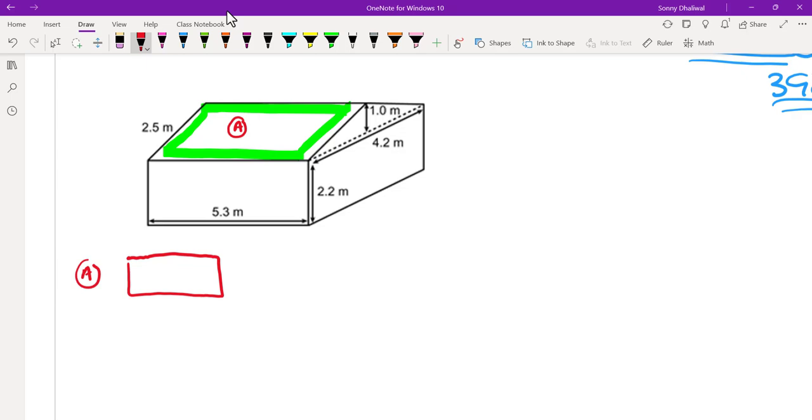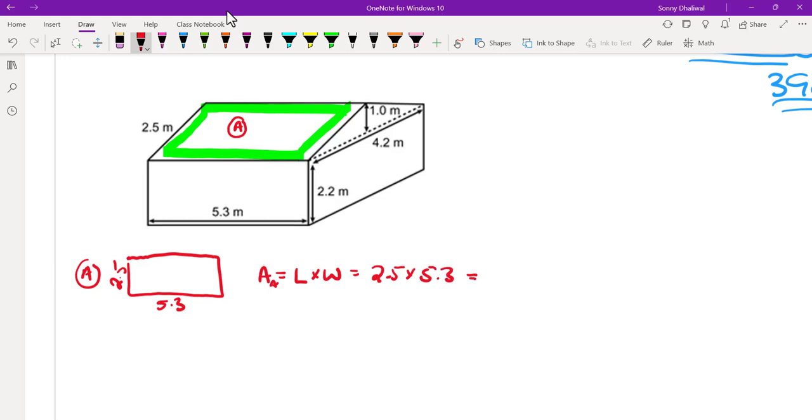5.3 and 2.5. Sometimes the decimal is hard to read. So 2.5 and 5.3. This is A. Our calculation for this rectangle is length times width, so area of A is 2.5 times 5.3.